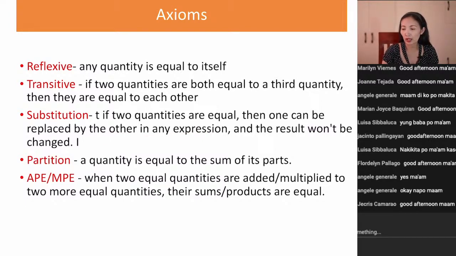Then partition, a quantity is equal to the sum of its parts. APE, MPE also have subtraction property of equality, multiplication property of equality. What do we mean by APE? Okay, addition property of equality says when two equal quantities are added, their sums are equal. Two or more.